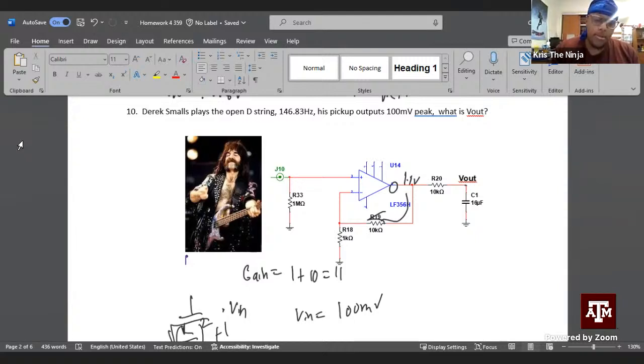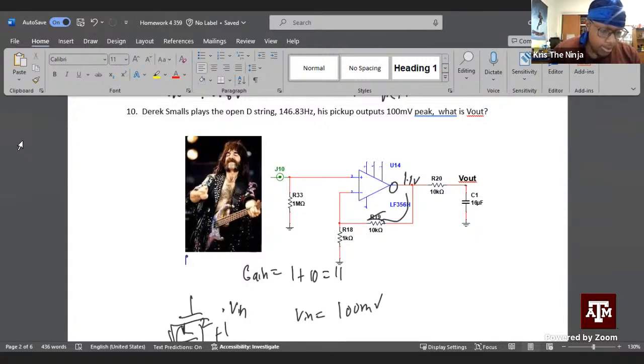That 902. Then you do 16 micro farads times 2 pi times the frequency that we're given. For 13 is 329.63. Do 1 over that. That gives us 30.17.